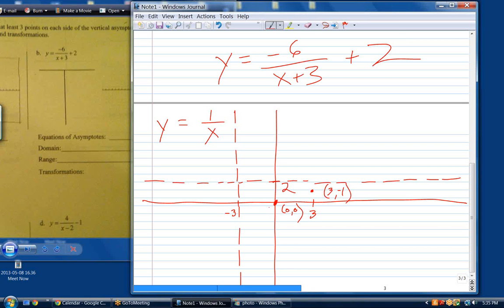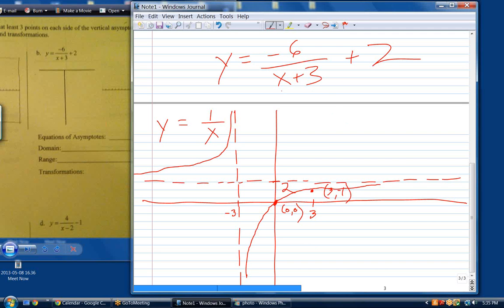Do a point between 0 and -3, because we can kind of see what's happening here. This hyperbolic equation is going to look like this and like that. In other words, it's going to look just like a hyperbola, only it's now in the second and fourth quadrants of our grid.